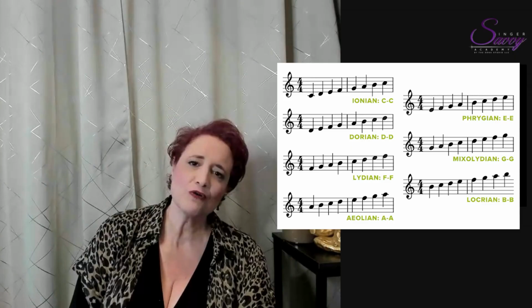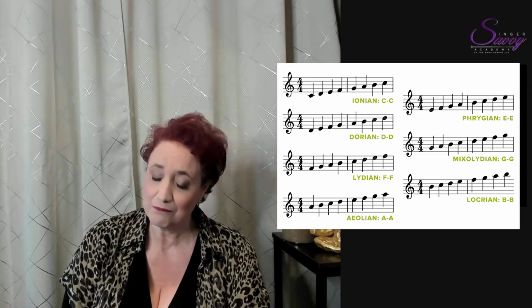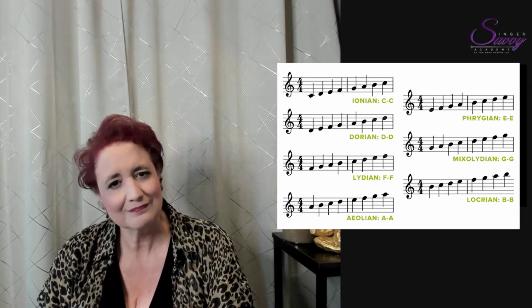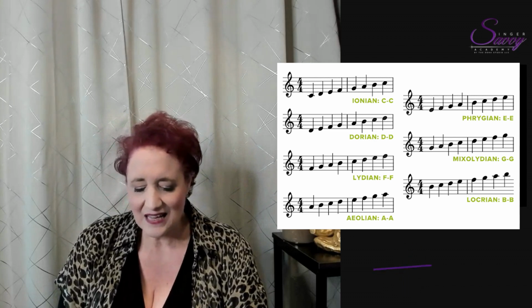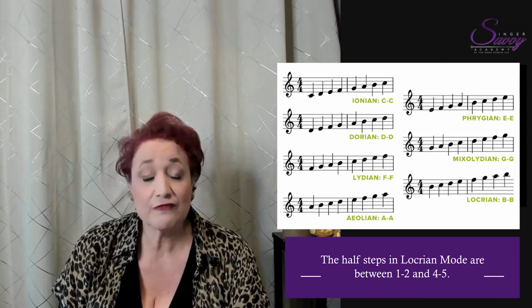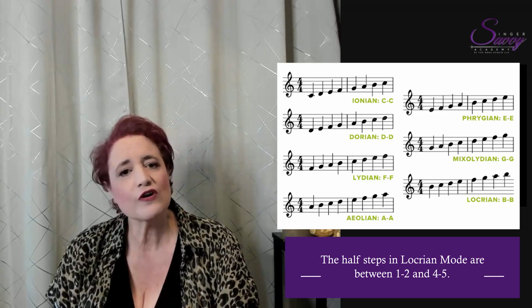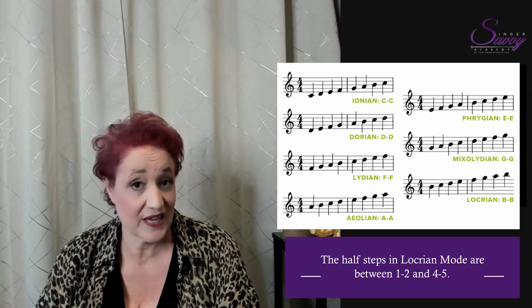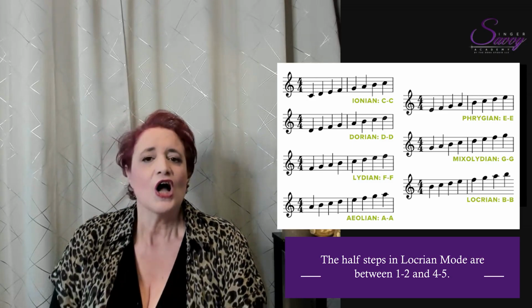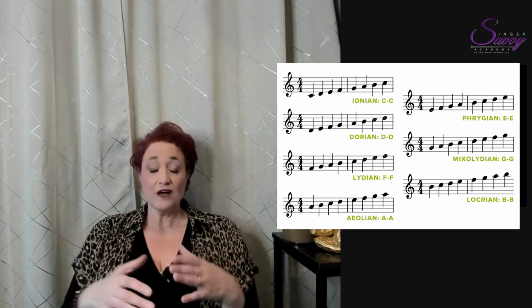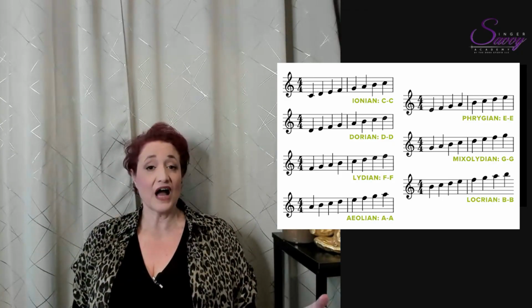The Locrian mode goes from B to B, and the half steps there are between the 1st and 2nd degrees of the scale and the 4th and 5th degrees of the scale.